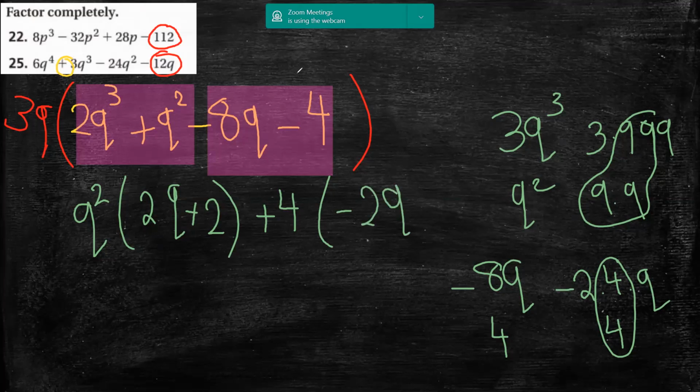And if I take 4 from here, what will the sign be? If I take the 4, I have only one minus 1. So I remove 4, and I have minus 1.